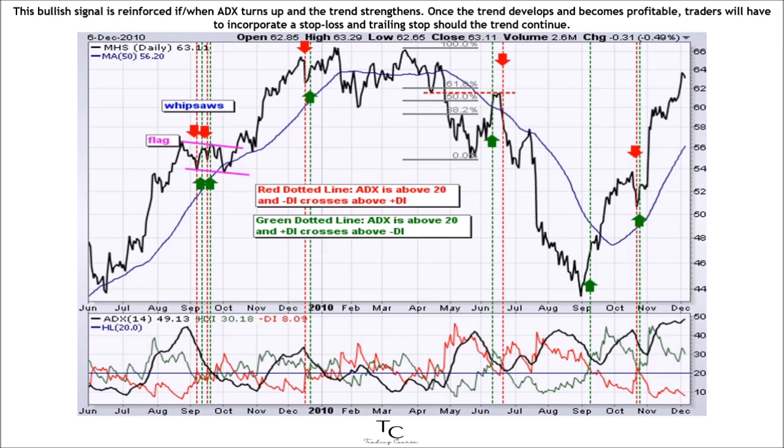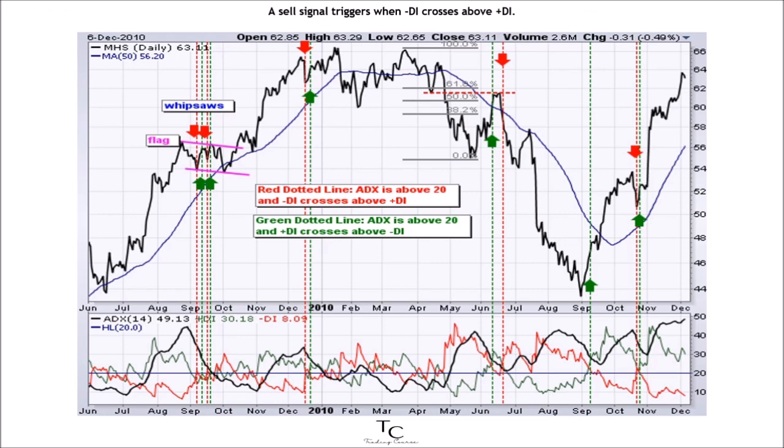Once the trend develops and becomes profitable, traders will have to incorporate a stop loss and trailing stop should the trend continue. A sell signal triggers when minus DI crosses above plus DI. The high on the day of the sell signal becomes the initial stop loss.